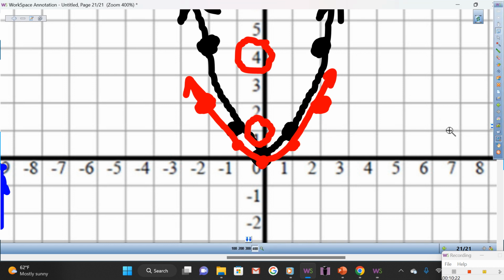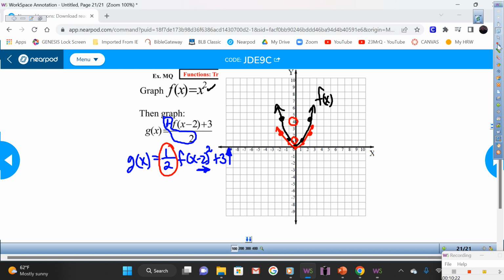All right. And last but not least, what do we do at the end, guys? We do 2 steps to the right and 3 steps up for each of these red points. I'm going to start with this one. 2 steps to the right. 1, 2. 3 steps up. 1, 2, 3. There it is. This one, 2 to the right. 1, 2. 1, 2, 3.